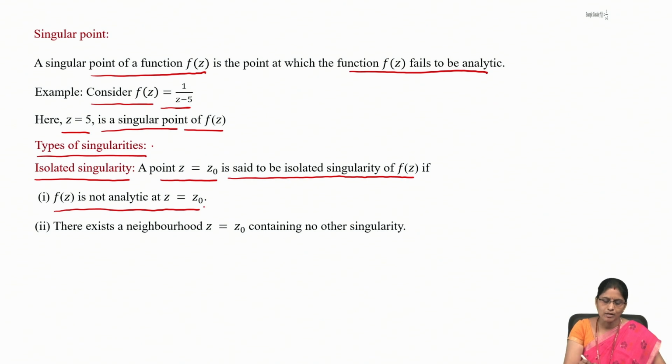The second condition: there exists a neighborhood of z equal to z naught containing no other singularities. If these two conditions are satisfied, then we say that the point is an isolated singularity.